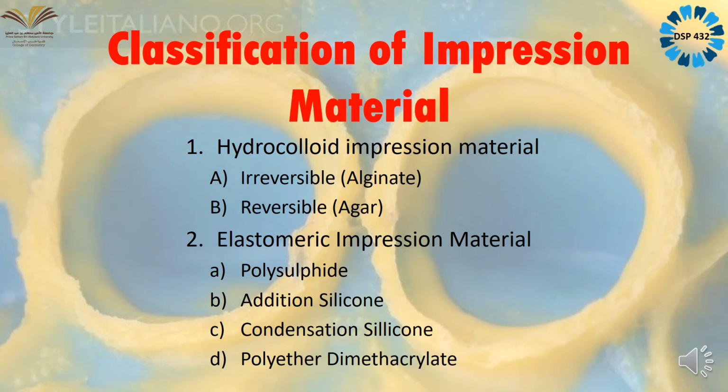They are available in different consistencies, like medium body, heavy body, and light body. Heavy body is your putty, which you use to fabricate the putty index for your provisional. Medium body is the impression material generally used to take an impression at the time of complete denture, and the light body we use at the time of recording the FPD finish line preparations, right?